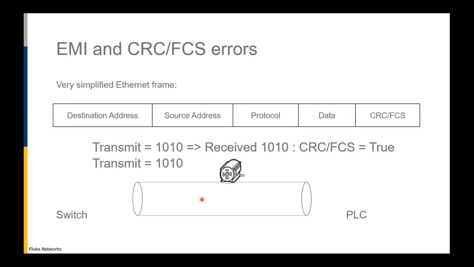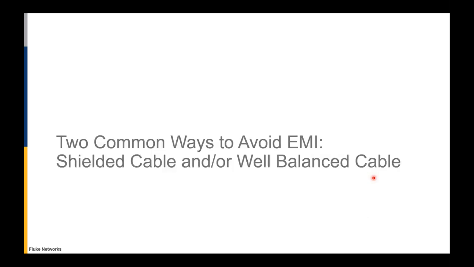Now I'm going to transmit that same thing one more time, but just as I do, the VFD kicks in. We get a little spike of common mode noise on the wire, and what had been on, off becomes on, off. And the CRCs don't match up. And at the physical layer, we say this frame is defective, and we toss it into the bit bucket. Bit bucket is a technical term. You have to make sure to empty your bit bucket every day.